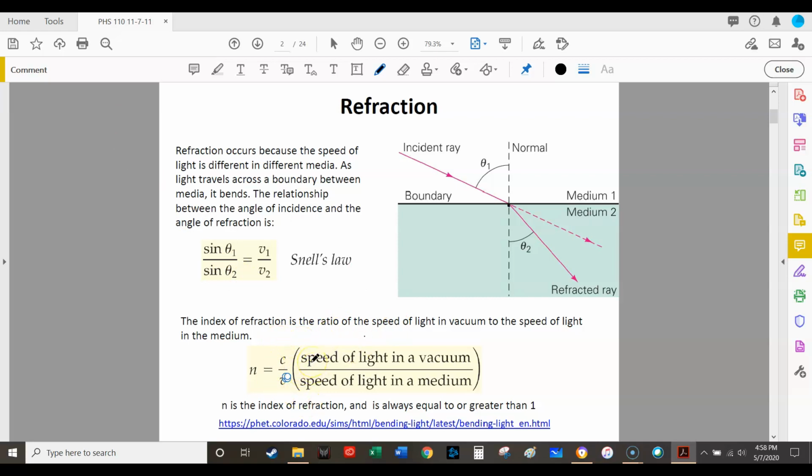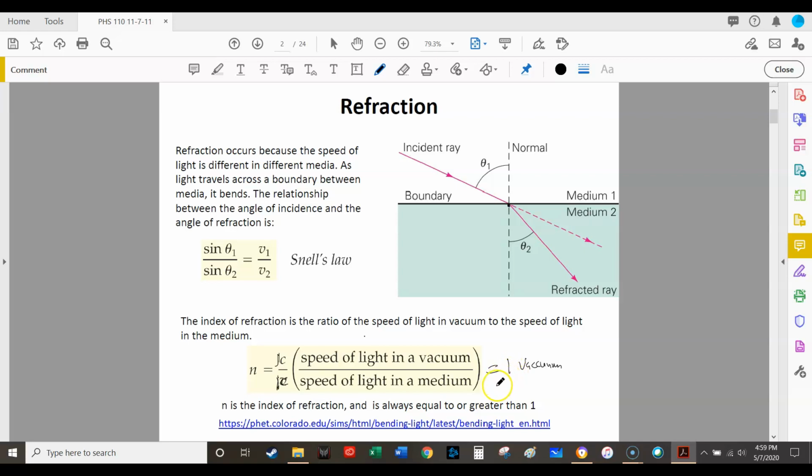How you get 1 is this: in a vacuum, the speed of light is 1c, and the speed of light in the medium, in this case also a vacuum, is also 1c, so the index of refraction is equal to 1 for a vacuum. And that's the lowest number it could be.